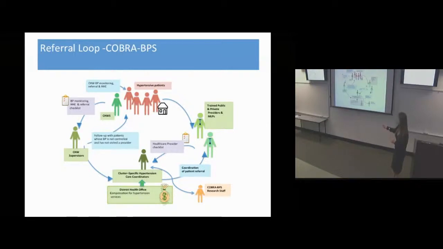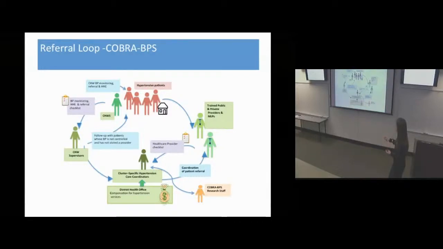We have these designated hypertension care coordinators. They have TB coordinators. We said, yeah, we need to have a care coordinator. It's important somebody keeps track of what's going on with these hypertensive patients who are coming in, right? Somebody has to take charge. So these coordinators keep track of the checklist, make sure these patients are seen, and the checklist coming from the community health worker gets matched with the healthcare provider's checklist.